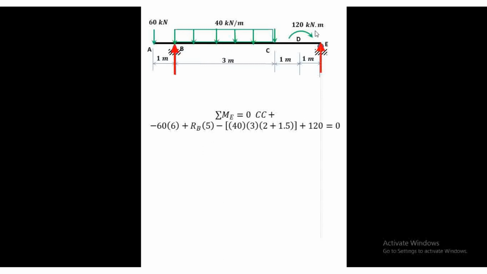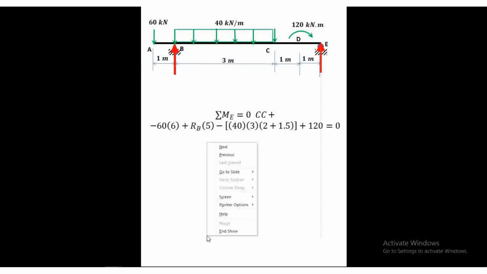Ito namang uniformly distributed load na ito. Kapag mapapansin ninyo, ano itong 40 times 3? This 40 times 3, that is the area of this uniformly distributed load, multiplied by the distance.